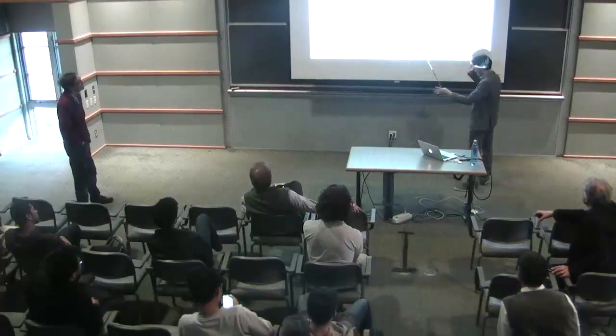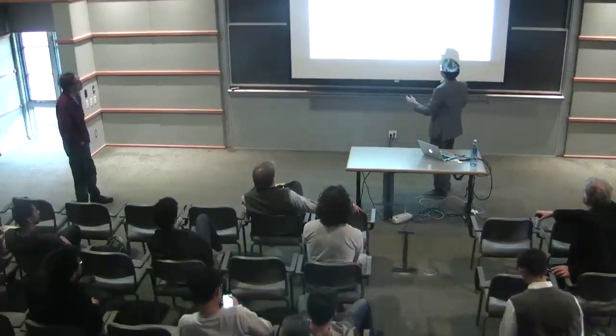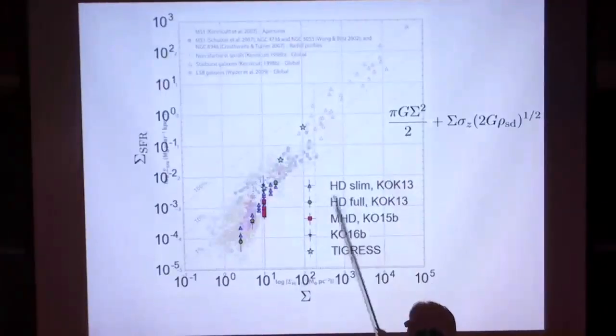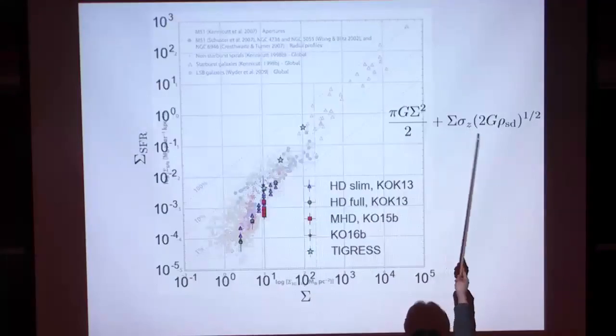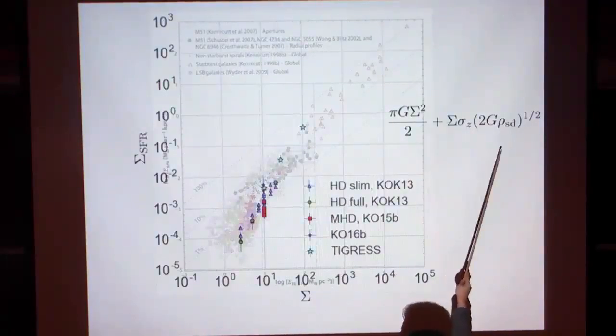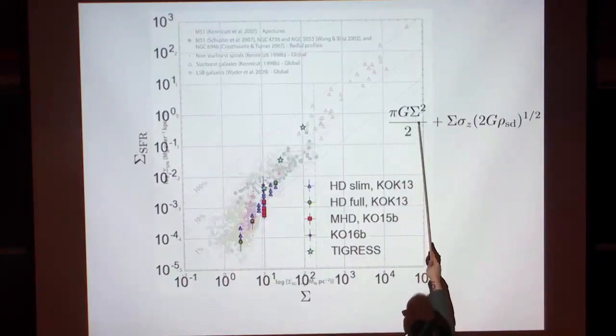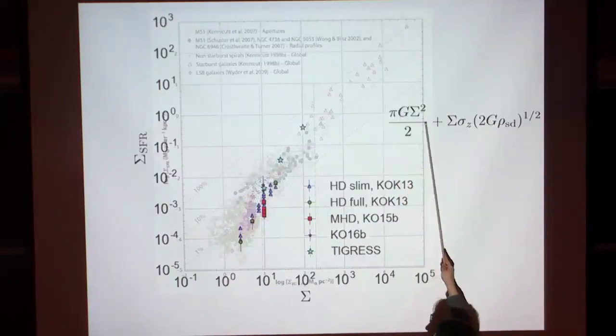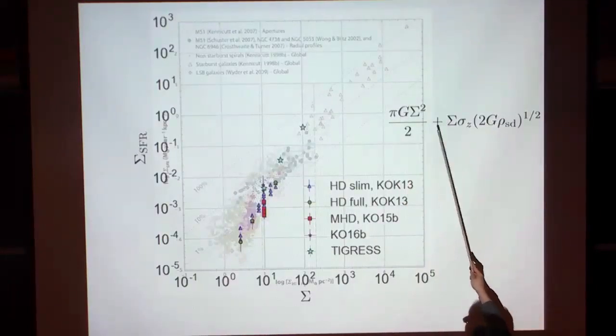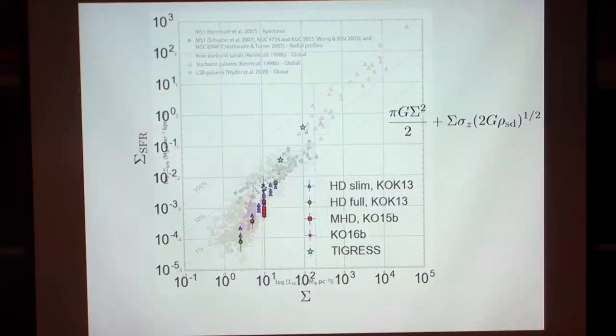So it's not just a simple relation. But the main argument is that we always need to get a certain level of star formation rate that is given by a certain combination of these. And in those high surface density cases, this will dominate, and then it will follow the sigma squared. Observationally, that kind of conversion will give you a sigma squared. It is possible, but I think there is still a lot of debate on that.